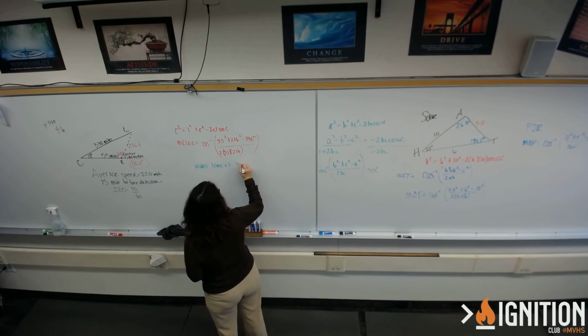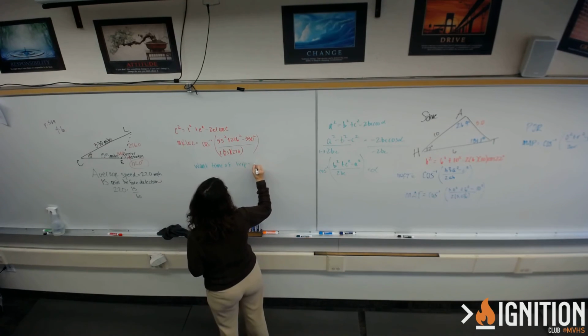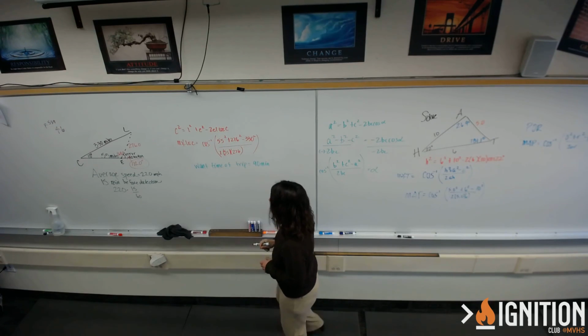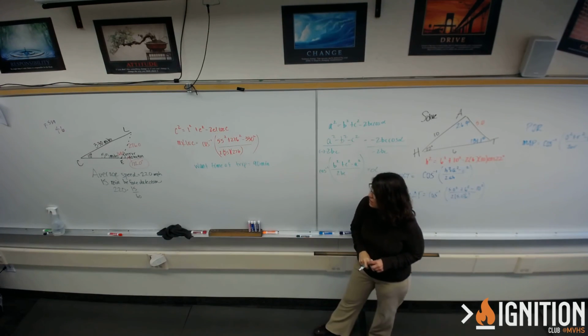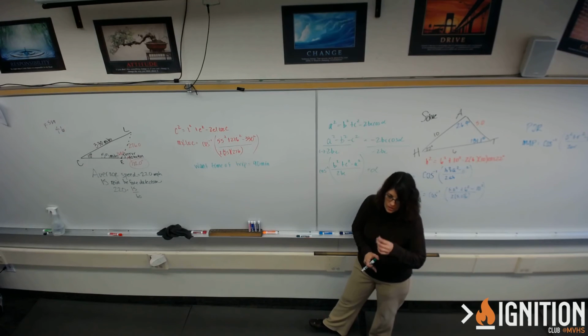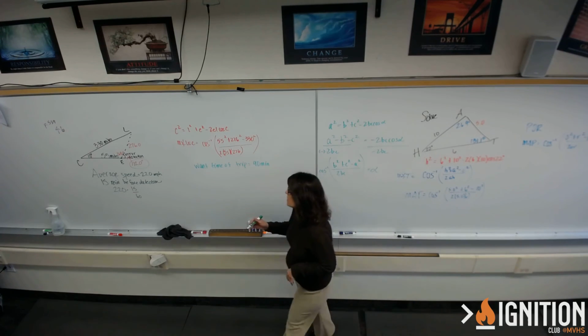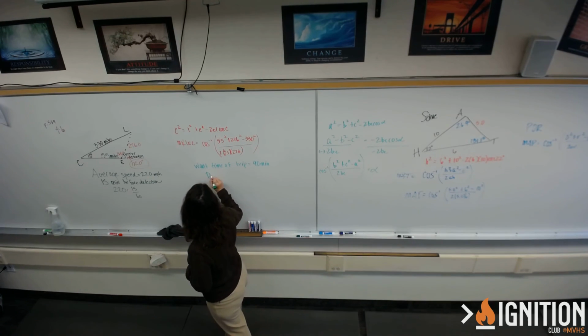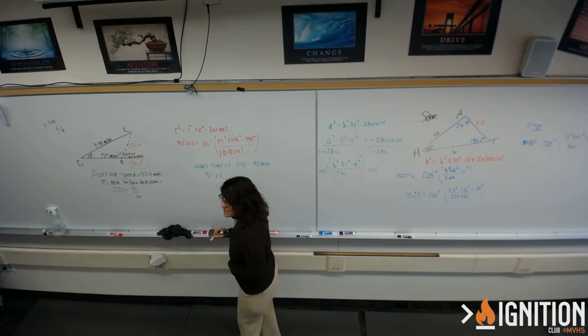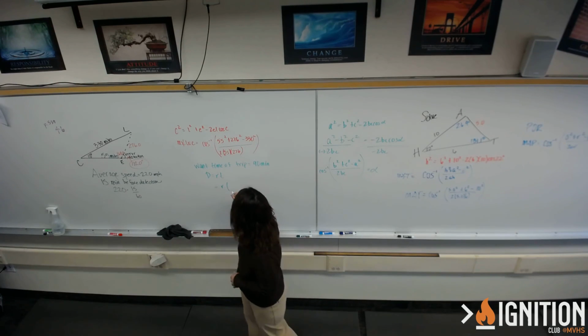You want the time of the trip to be 90 minutes. So we want to know how fast, right? Distance equals rate times time. 90 minutes is 1.5 hours.